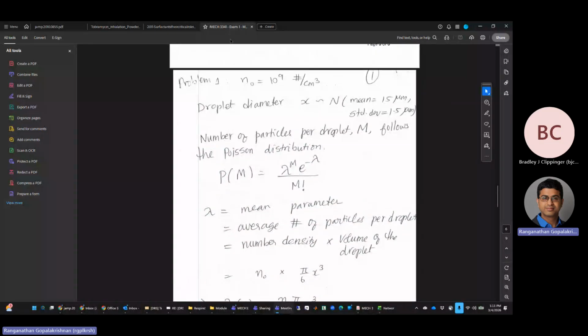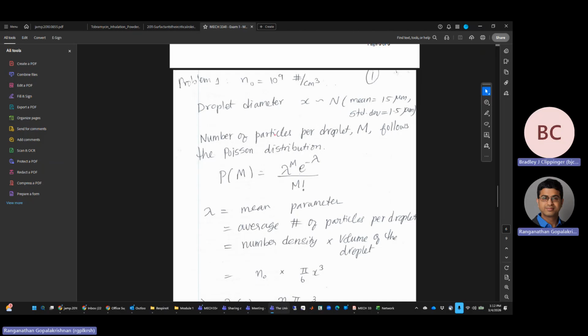So yesterday when we were talking in class, when I first explained it, what I did was to say, ignore this part, this was the second thing. We just considered the droplet diameter to be 15 microns, a fixed value.